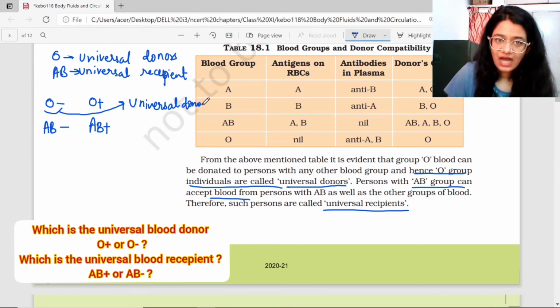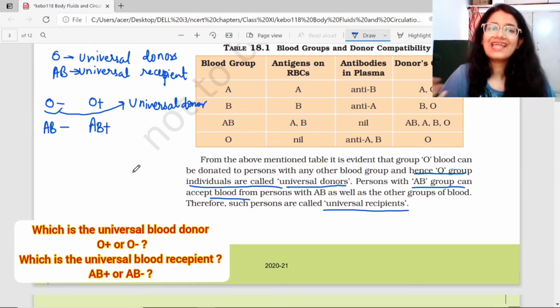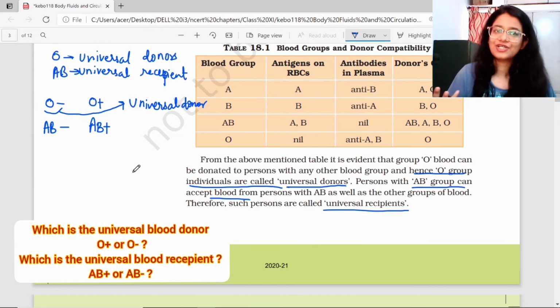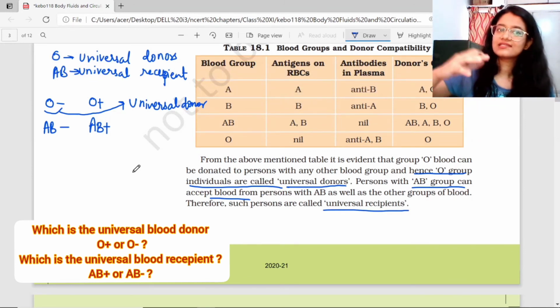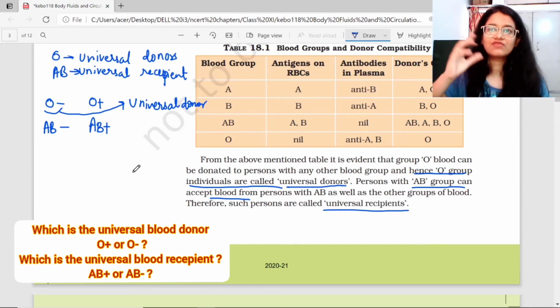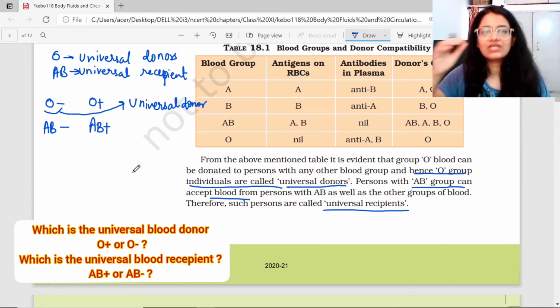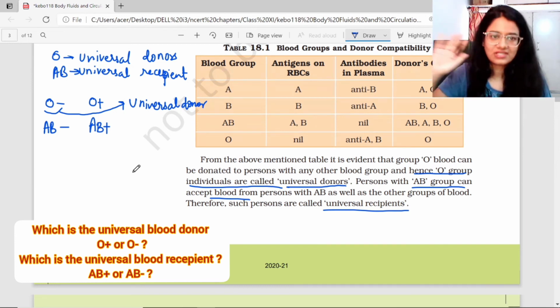Understood? Because it is O negative, it does not have any foreign antigen. So the recipient, even if it is positive, won't think of this as something foreign. So O negative is the universal donor, O positive is not.